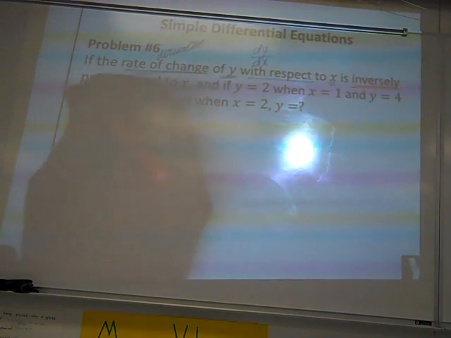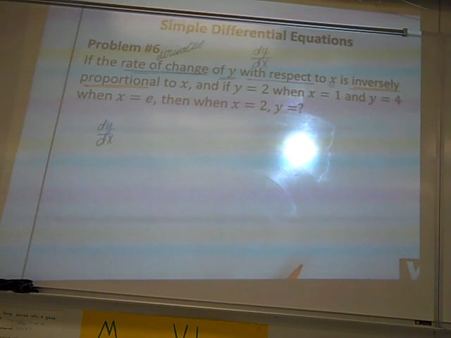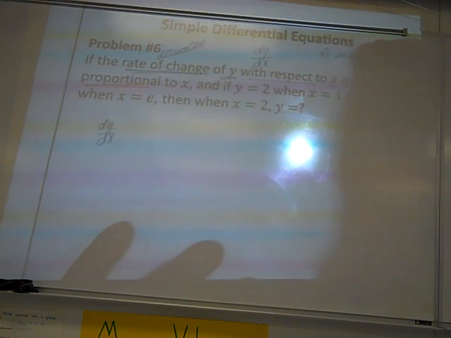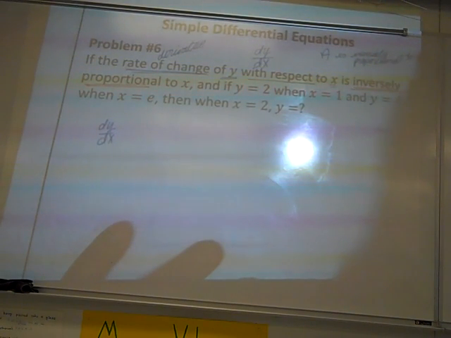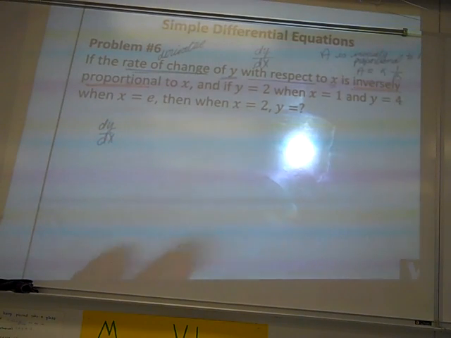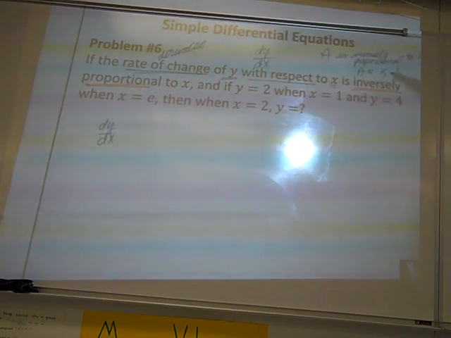We had some conversation about this phrase, inversely proportional. This isn't really calculus. This is something that you would have picked up in science class, maybe in an earlier math course. But if I tell you that A is inversely proportional to B, then what that means is that A is not equal to 1 over B, but A is some constant k times 1 over B. K is referred to as your constant of proportionality.